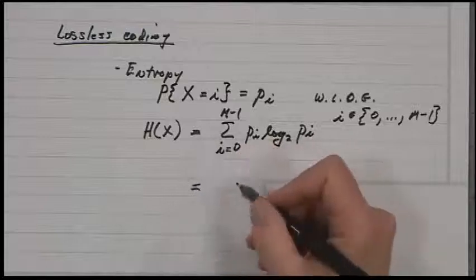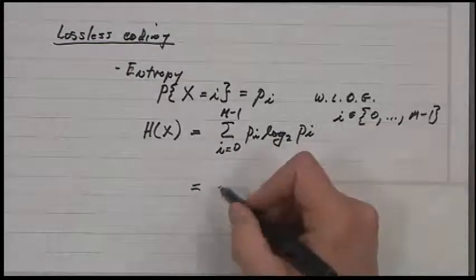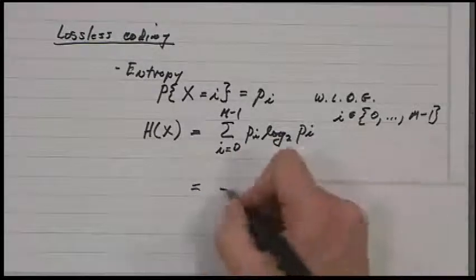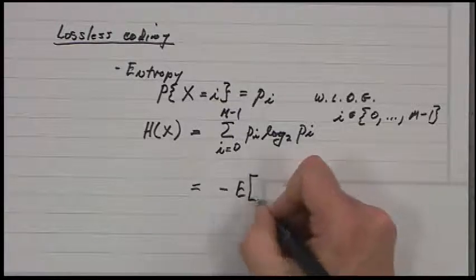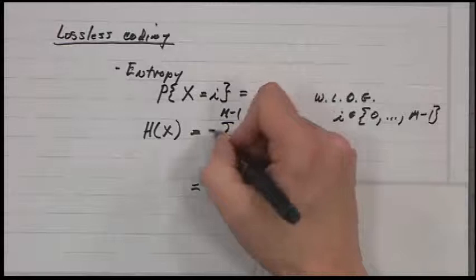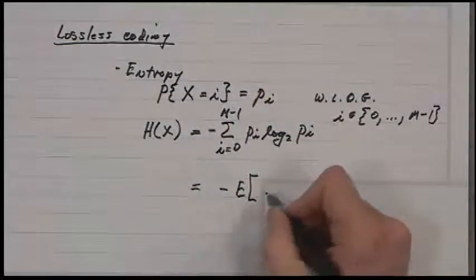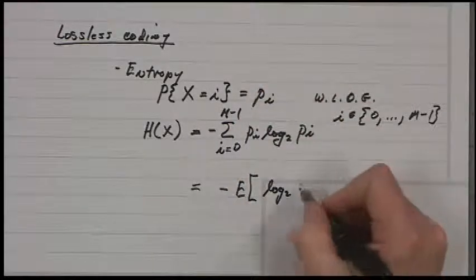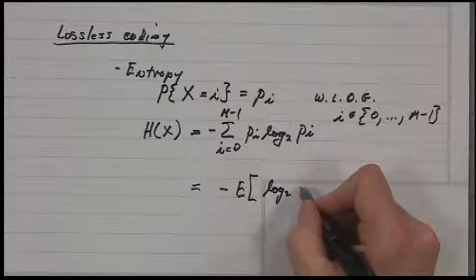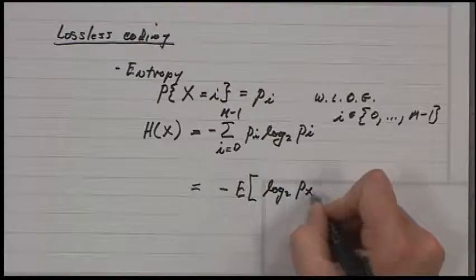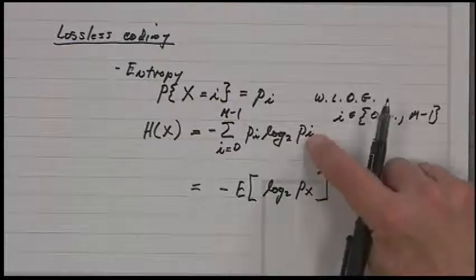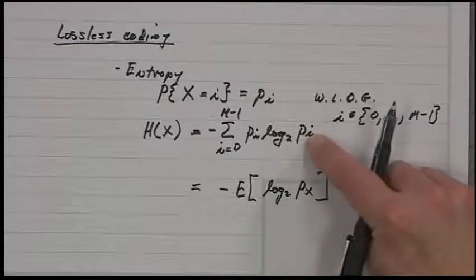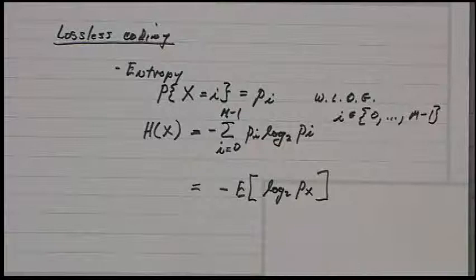That's another way of thinking about it: this is the negative of the expectation of the log base 2 of p of x. So x here is a random variable which takes on values i.